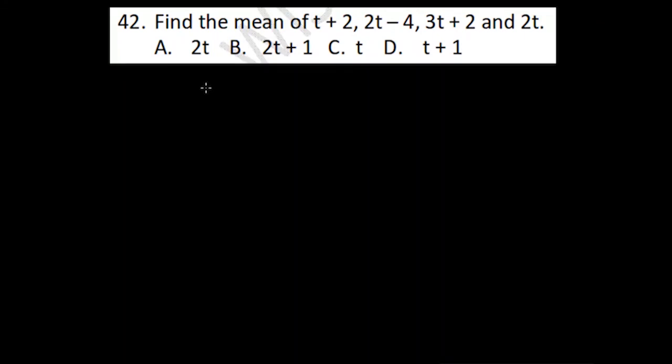So this says find the mean of this number. So for the mean, we add everything: t plus 2, plus 2t minus 4, plus 3t plus 2, plus 2t.